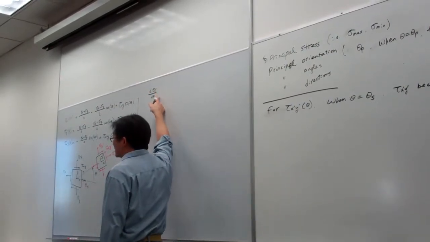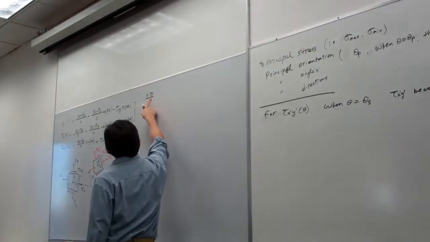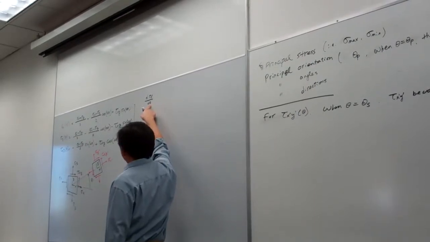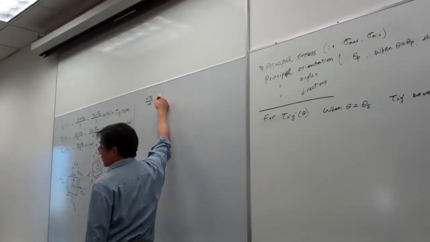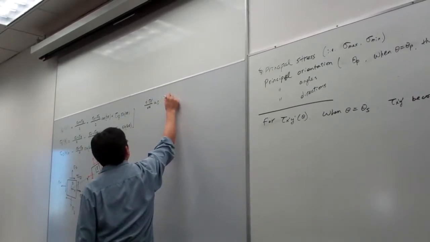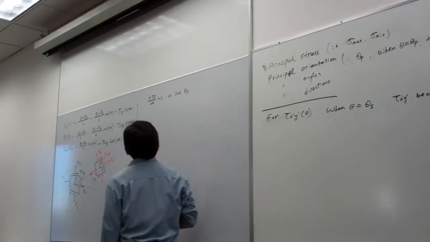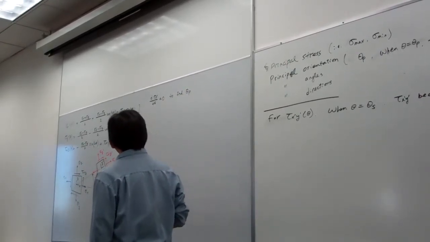Using the calculus technique, for any function of the parameter theta, if we want to find the extreme values, we simply set the derivative equal to 0, right? And to find theta p. Okay, and that is a very straightforward way.